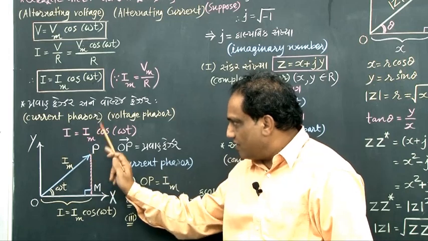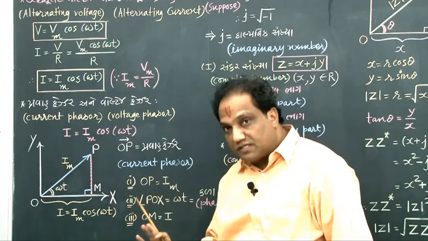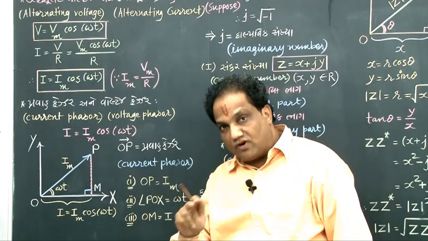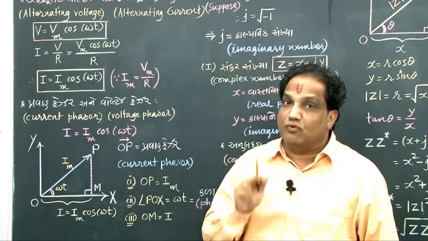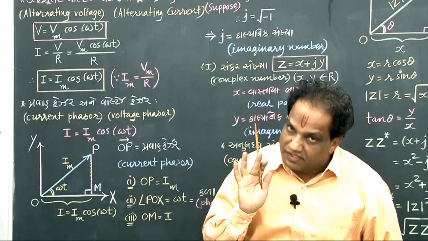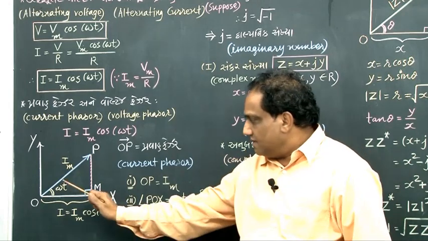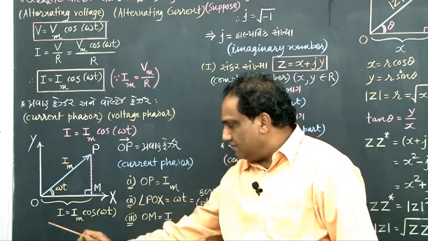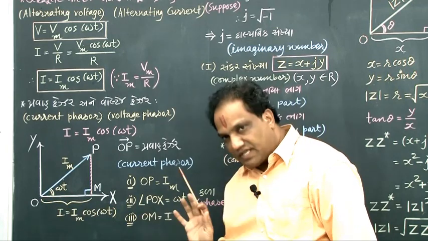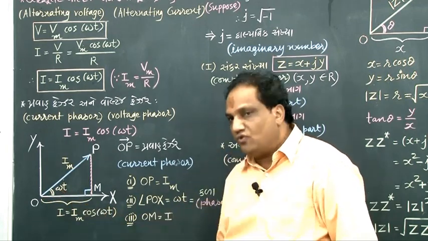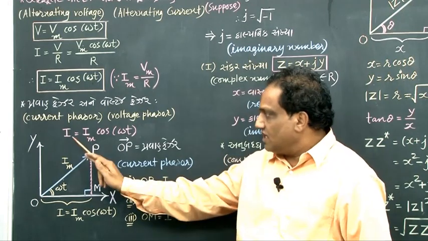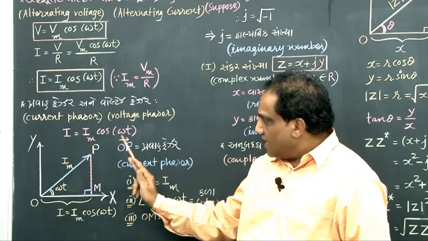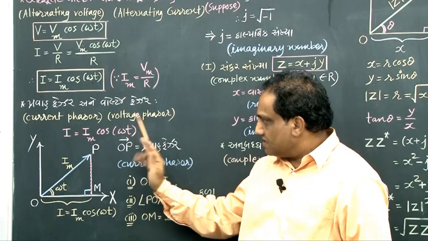Im means it should be equal to maximum value of current. That is, it should be equal to amplitude of oscillation, because you know amplitude will give you maximum displacement, correct? Fine. Then it should make angle with a positive x-axis just equal to phase of oscillating quantity. What is oscillating quantity right now? Current. And this is the phase.